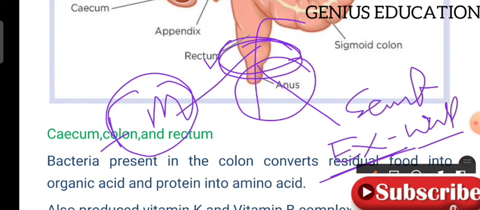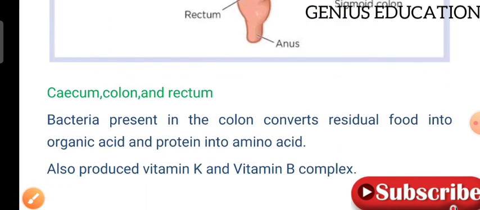The rectum does not take part in digestion, but the large intestine takes part in some absorption of important proteins, and things like some organic acid, water and glucose. This is about cecum, colon, and rectum.